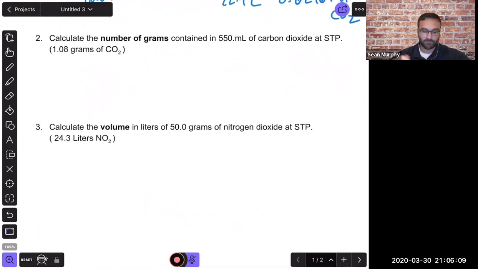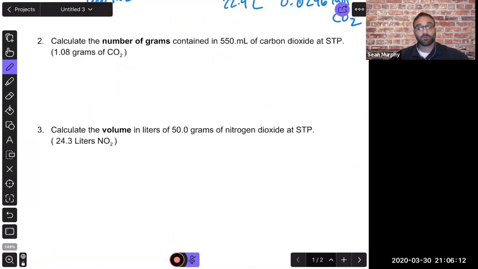Let's do blue again. Calculate the number of grams contained in 500 milliliters, so we're looking for grams of carbon dioxide at STP. Remember, 1 mole of any gas is 22.4 liters.